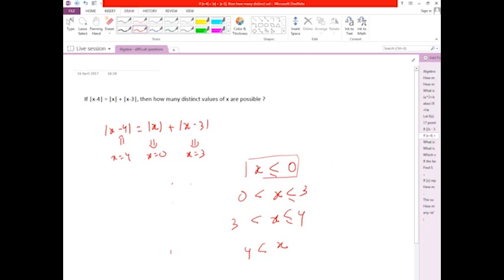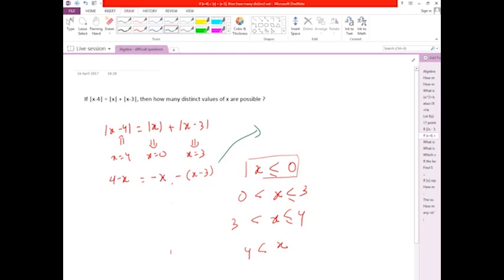For example, for x less than 0, the expression would be: x minus 4 would be 4 minus x, which would be minus x, and x minus 3 would be minus x minus 3. I'll just solve the first one and leave the rest for you to do.